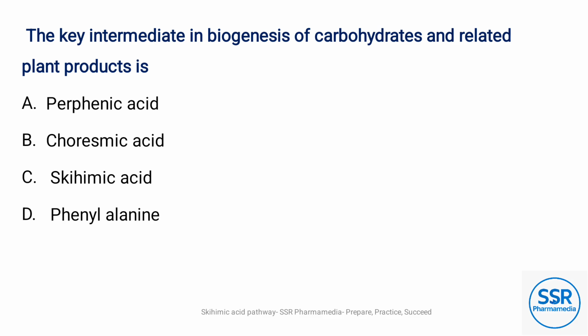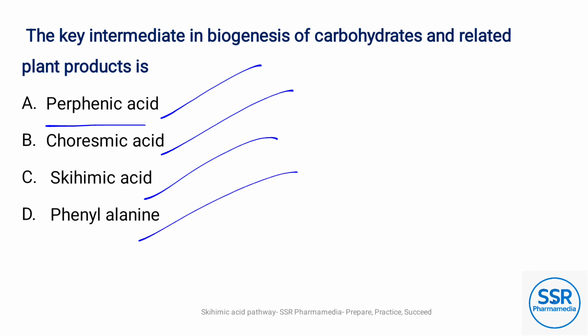The key intermediate in biogenesis of carbohydrates and related plant products is: option A, prephenic acid, option B, chorismic acid, option C, shikimic acid, option D, phenylalanine. So the answer is option C, shikimic acid.